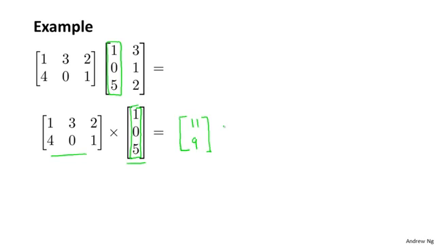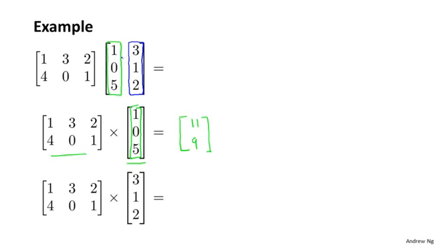And then the second thing I'm going to do is pull out the second column of the matrix on the right, and take the matrix on the left and multiply it by that second column. Again, this is a matrix vector multiplication step, which you saw from the previous video, and it turns out that if you multiply this matrix and this vector, you get 10, 14.